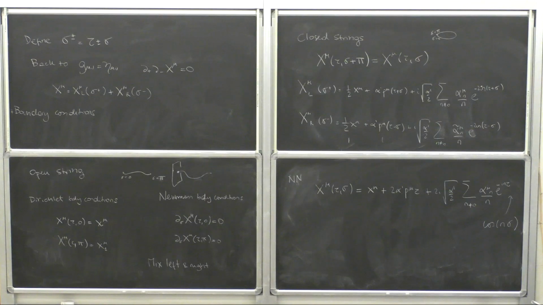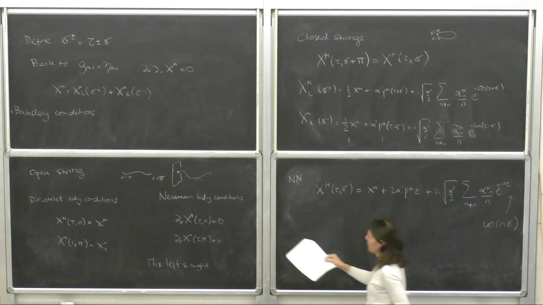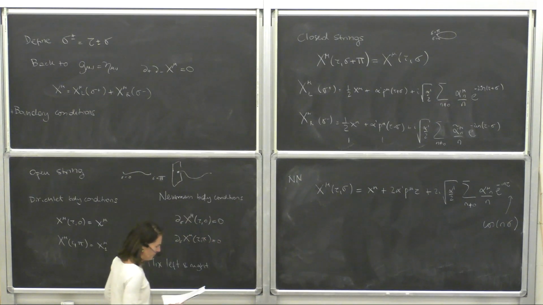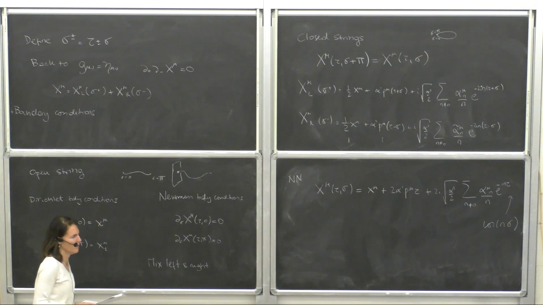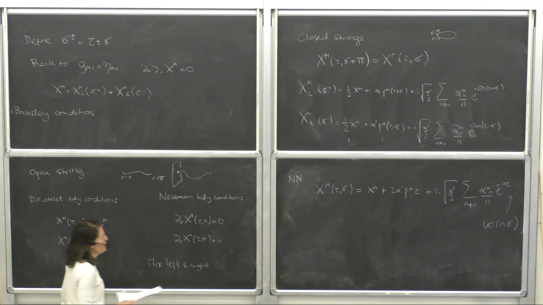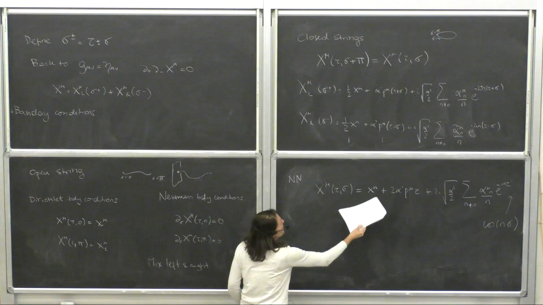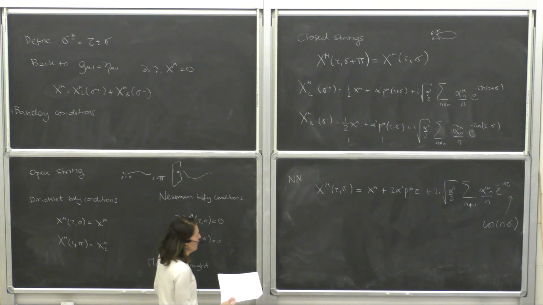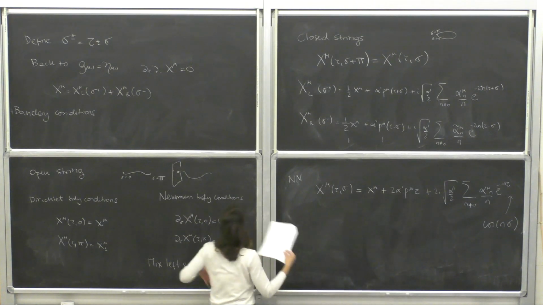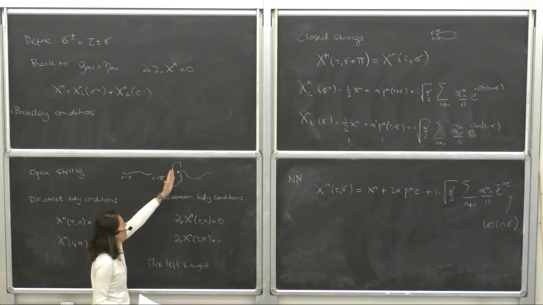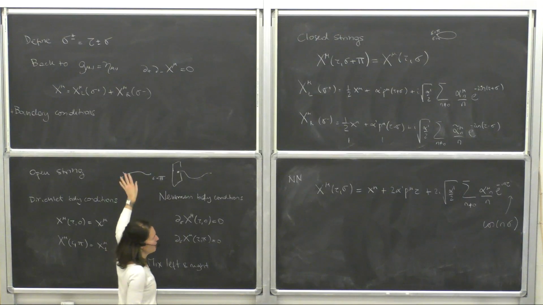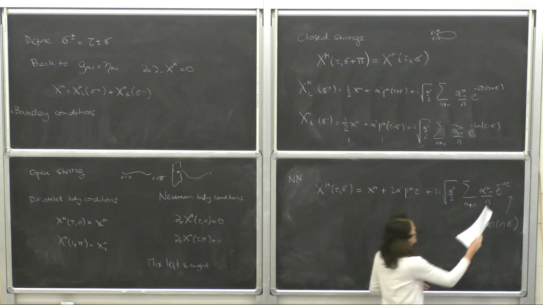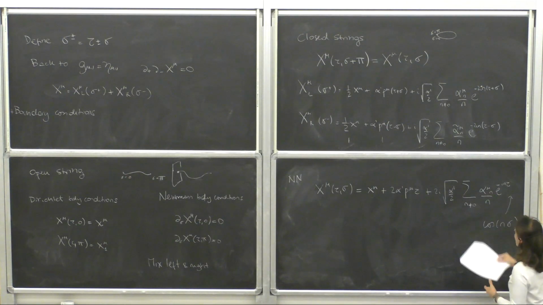So the derivative is the sine of n sigma, and then it vanishes, the derivative with respect to sigma, at 0 and at pi. So for Neumann, I also have a center of mass position, which can be anything. I also have a center of mass momentum. Of course, this will be different if you have a Dirichlet boundary condition. If you have a Neumann boundary condition, it's free to move. And the oscillations, a single set of oscillations.